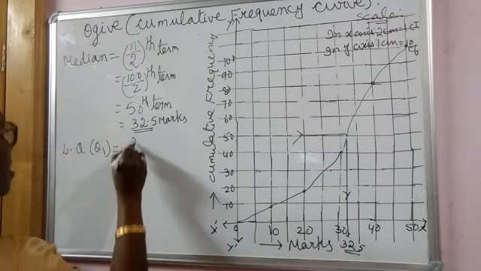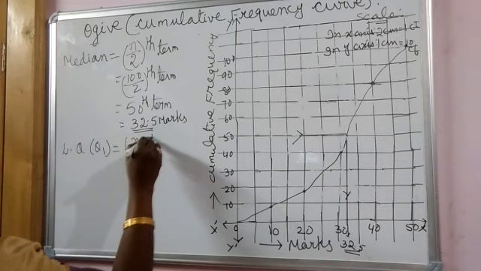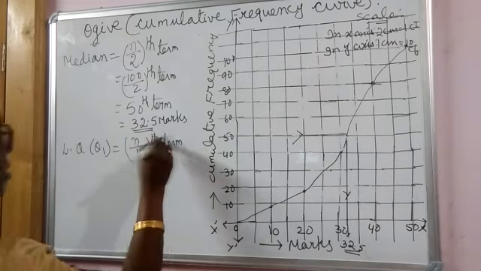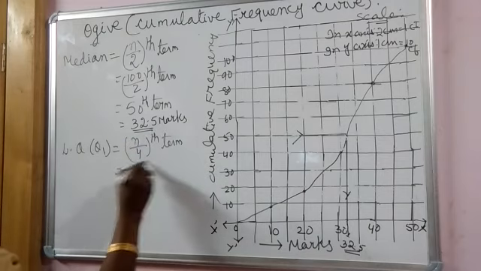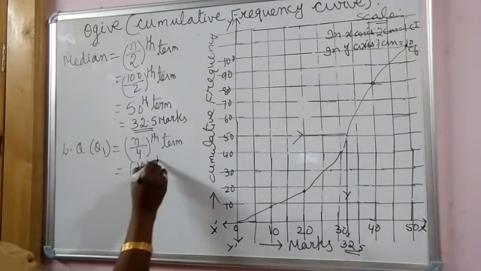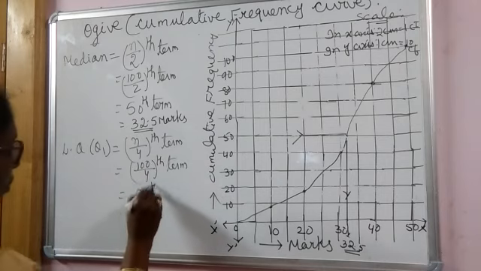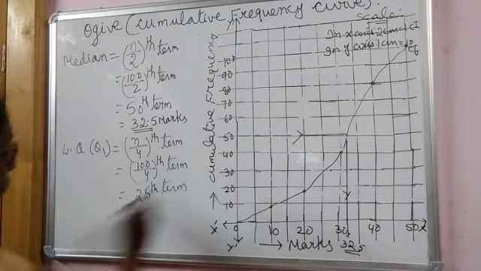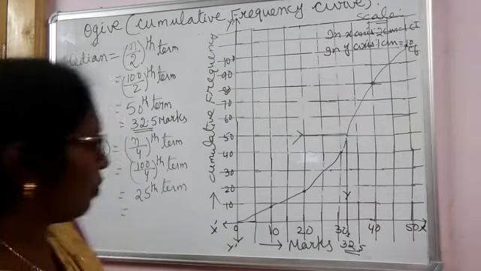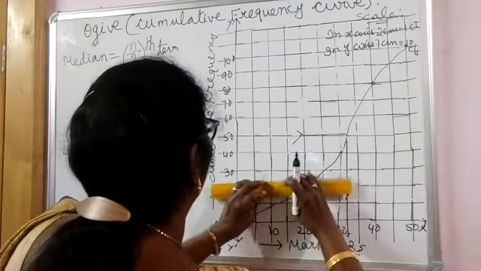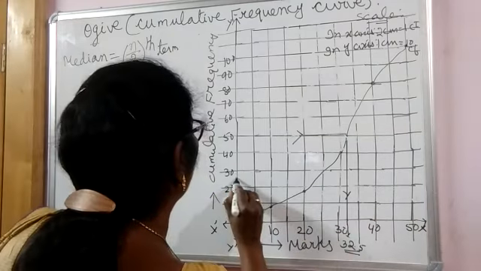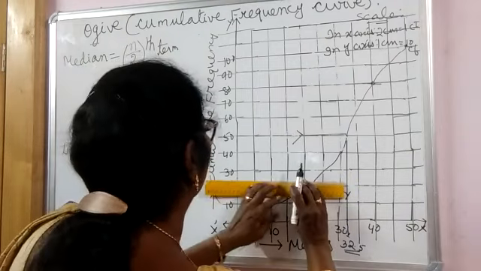Lower quartile is the n by 4th term. n by 4 is 100 by 4th term. 100 by 4th term is the 25th term. Same way, let us find how much is the lower quartile. 25 is somewhere here.